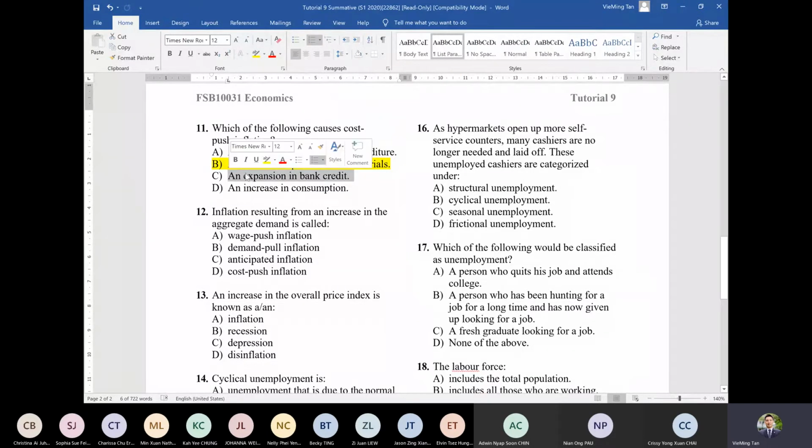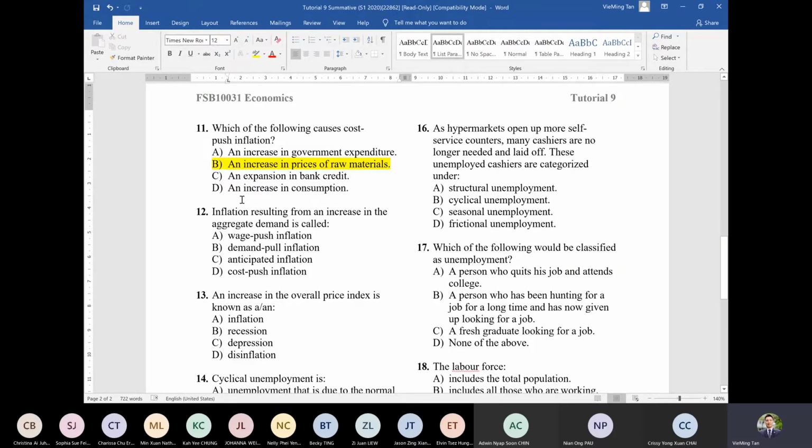The private firms can increase the investment. This may cause demand pull inflation. How about D? An increase in consumption, that means C increasing, can also cause demand pull inflation as well. So A, C, D are more on the demand pull inflation.